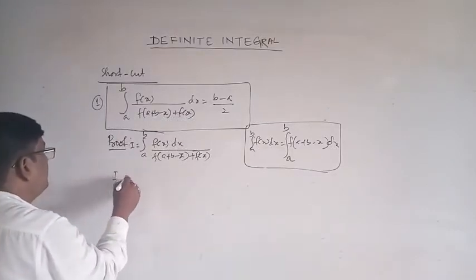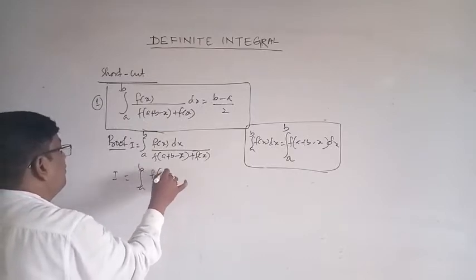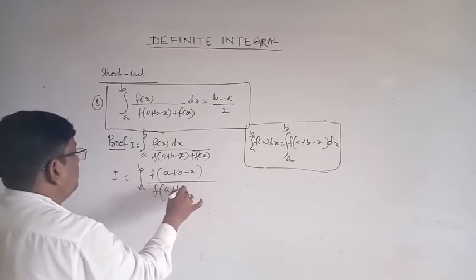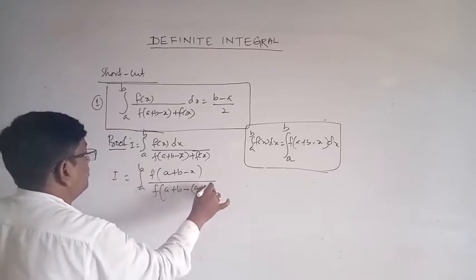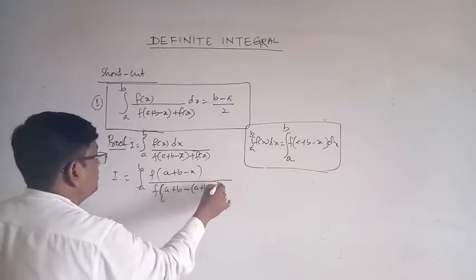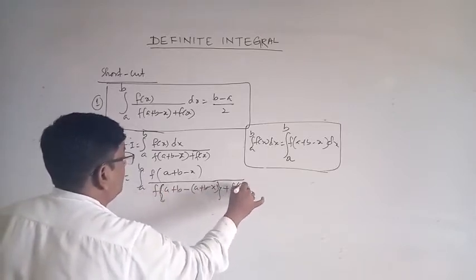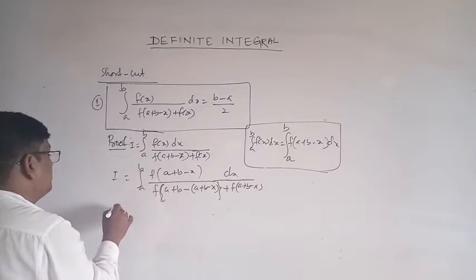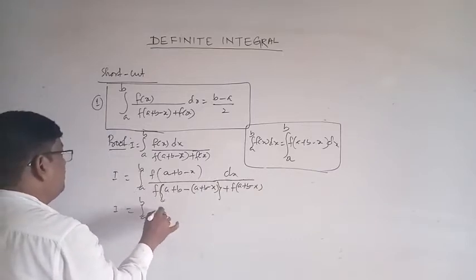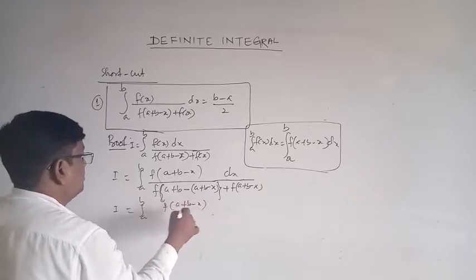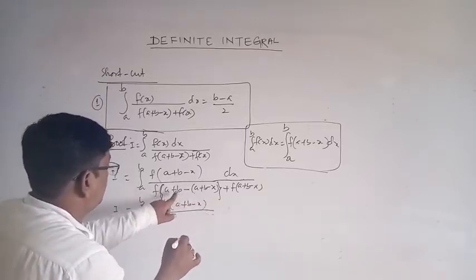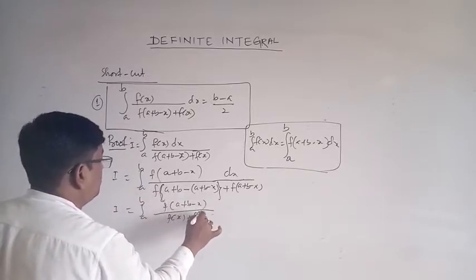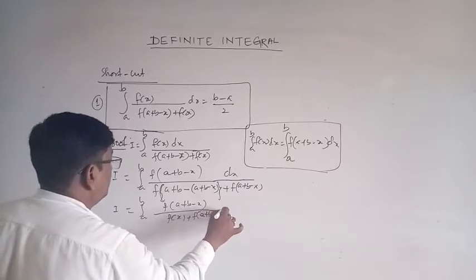So I is equal to the integral from a to b of f of a plus b minus x divided by f of a plus b minus (a plus b minus x) plus f of a plus b minus x. Here a cancels, b cancels, minus of minus x gives f of x. So I is equal to the integral from a to b of f of a plus b minus x divided by f of x plus f of a plus b minus x dx.